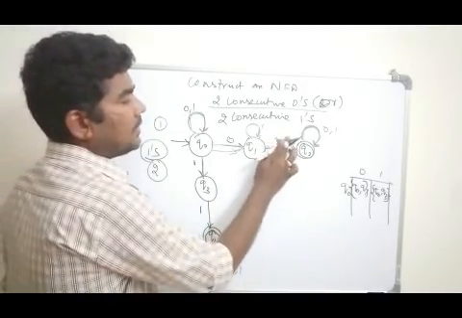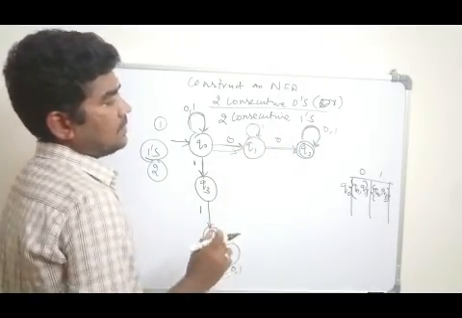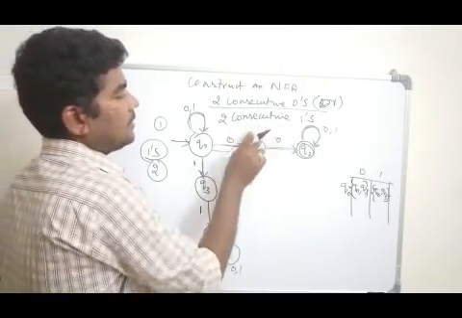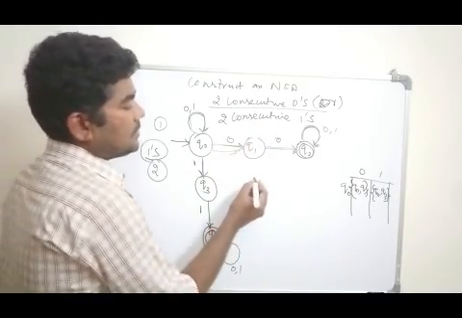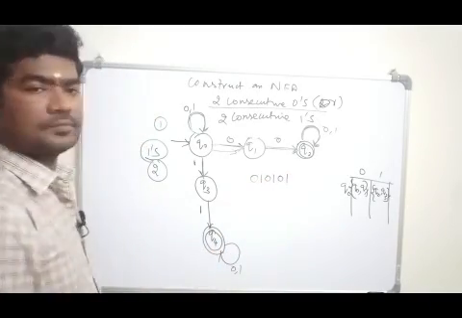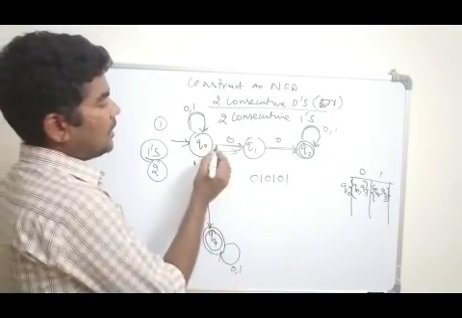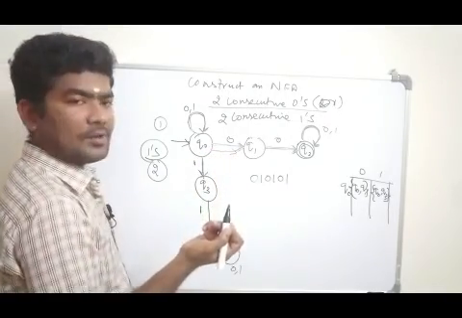Now here you should put 0. You just check, here I am putting 0, and here nothing, so only this transition is there. Now you check with 0 1 0 1 0 1. Now what I will do is 0. On 1 we cannot go anywhere.